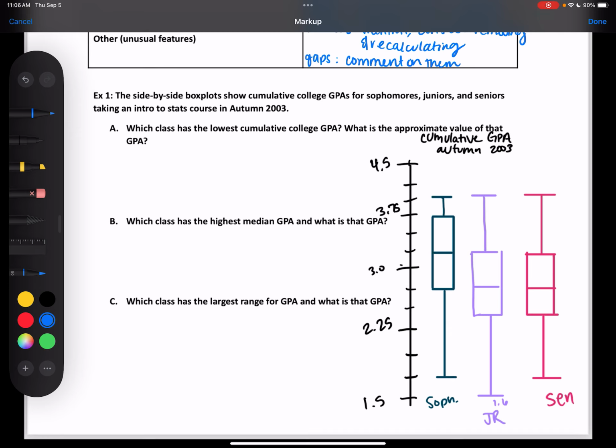So it'd be the juniors then, right? Yep. So the juniors, and I wrote on here that this is 1.6 because it's a little higher than the 1.5, but it's kind of hard to tell. So it was a GPA of 1.6.